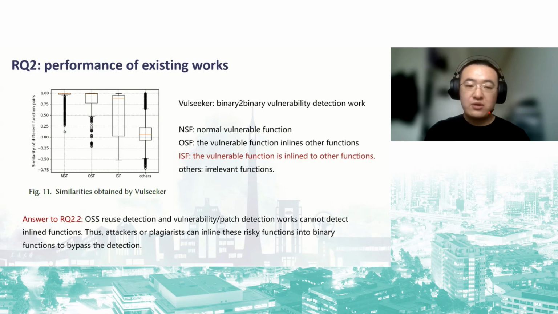And according to the distribution of similarities of different classes of binary functions, we can see that the vulnerability and patch detection works cannot detect the inlined functions. And thus, attackers or malware writers can inline these risky functions into binary functions to bypass the detection.